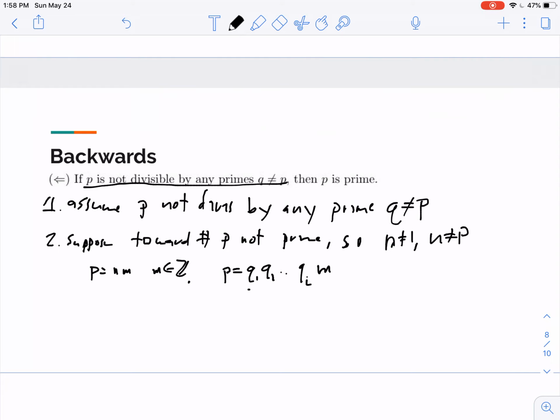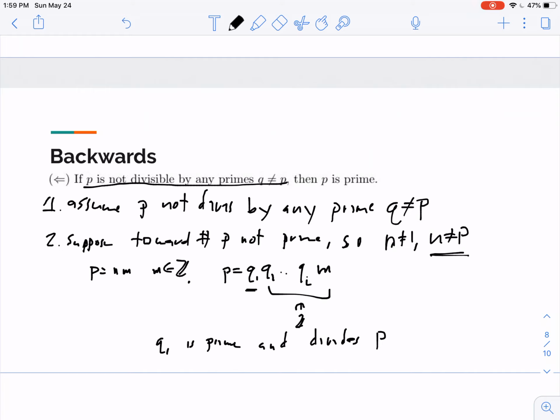But that implies that Q1 divides P, because we can write P as Q1 times this, which is some integer, right? Because the product of integers is an integer. And that means Q1 is prime and divides P. So we also want to check that Q1 is not equal to P, but we know Q1 is not equal to P because n was not equal to P, right?